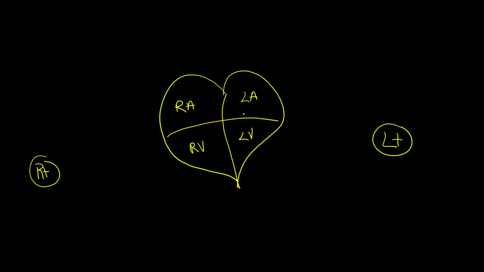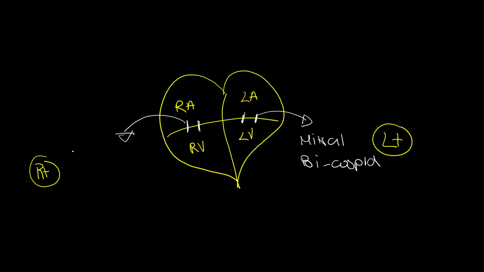And then I'm going to point out the atrioventricular valves. There are 2 between the atria and the ventricles. The one on the left side of the heart is known as the mitral or the bicuspid valve. And the one on the right side of the heart only has one name, which is the tricuspid valve.